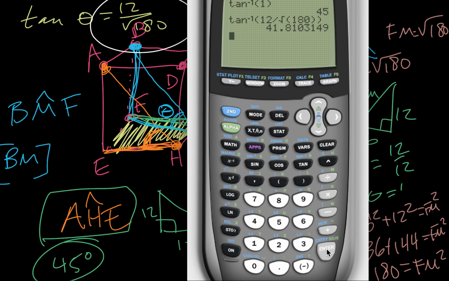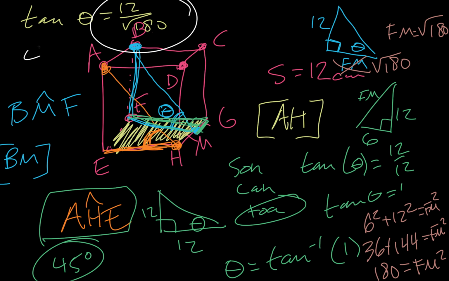It is 41.8 degrees. So that's saying that this theta right here is 41.8 degrees. All right, I know my figures aren't the best. You can look in the book to see better figures, but if you need additional help, come to Math Lab. But for now, calculator.